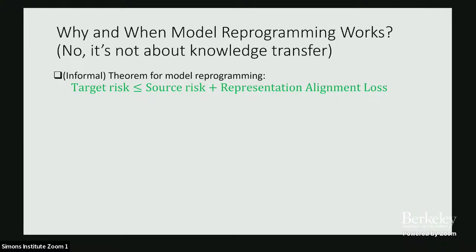So some theory that we cooked up is that the target risk, the loss on the target domain, is actually bounded by the summation of two terms. The first is the source risk, basically how well your model does on the source task. Like what we have shown in the previous slide, a Swin transformer did better than other neural nets because it has a better accuracy on the source task.